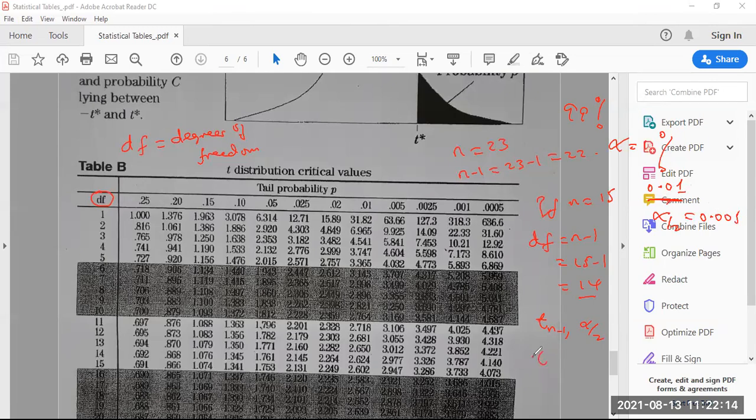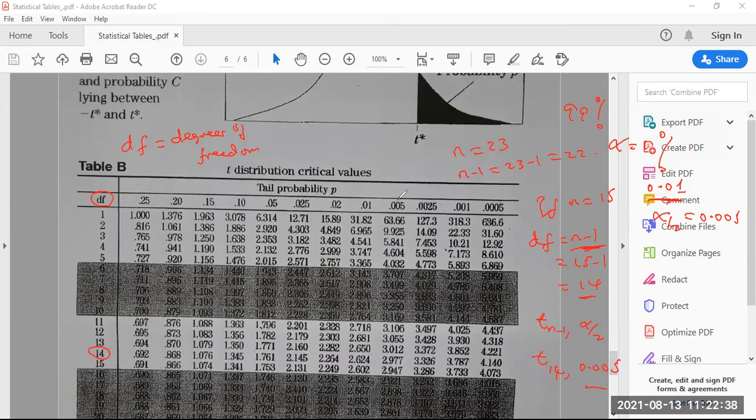So we are talking about the student's t distribution value at 14 degrees of freedom and 0.005. I'm just showing you how to reach the table value for student's t. Degrees of freedom is 14 because n was 15, then n minus 1 is 14.